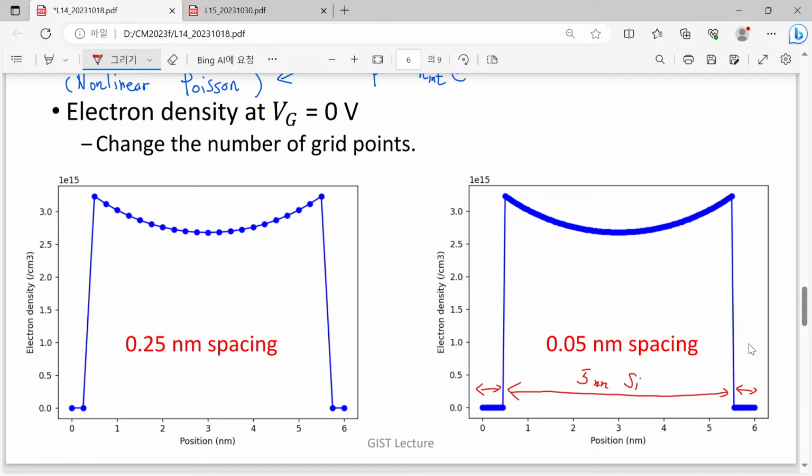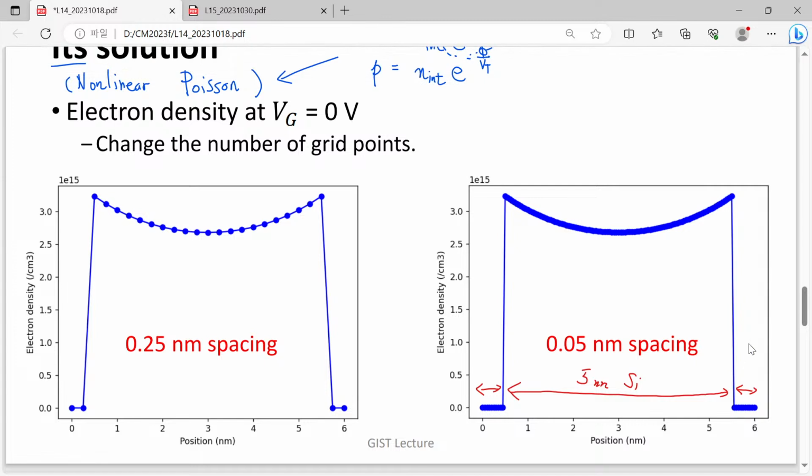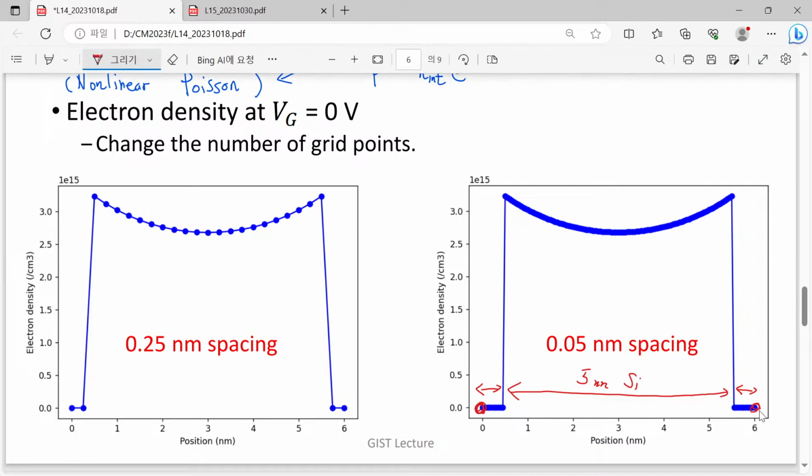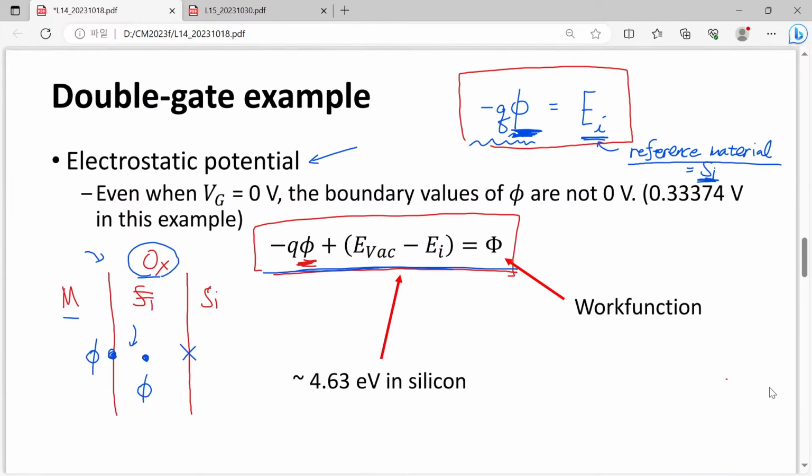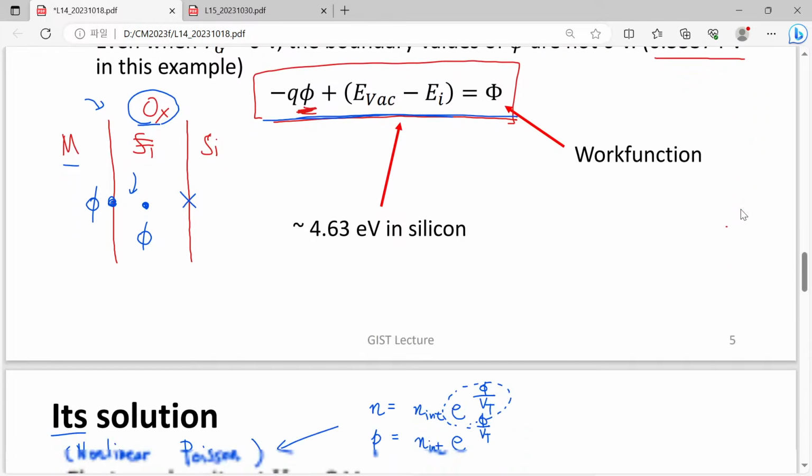Now we apply 0 volt to the gate. Even in this case, as I told you before, in our example we have a non-zero value for our boundary value.